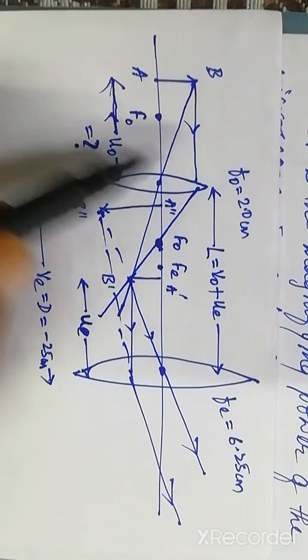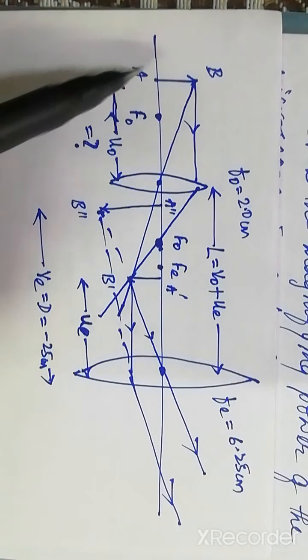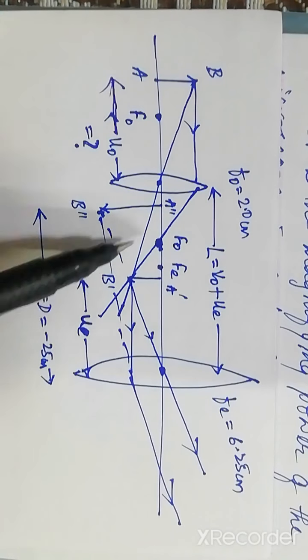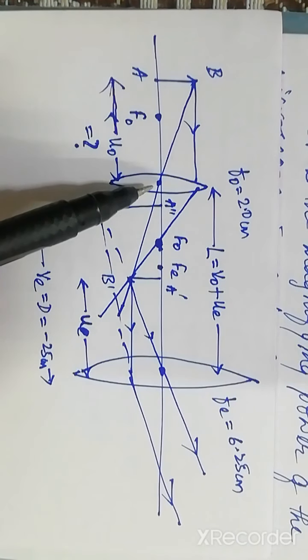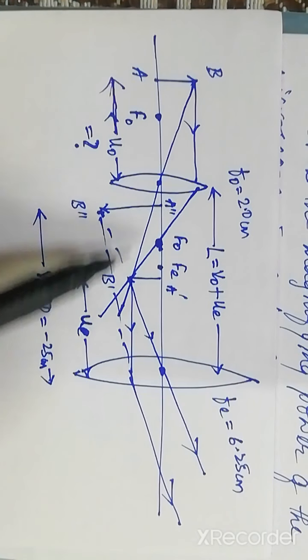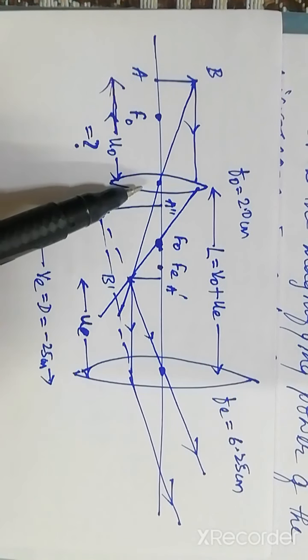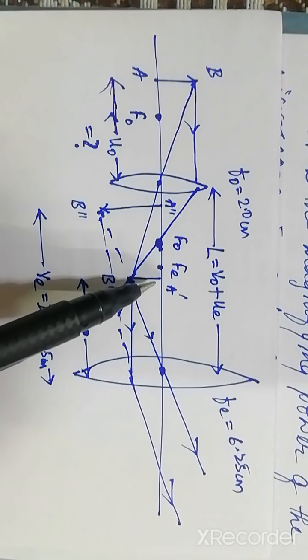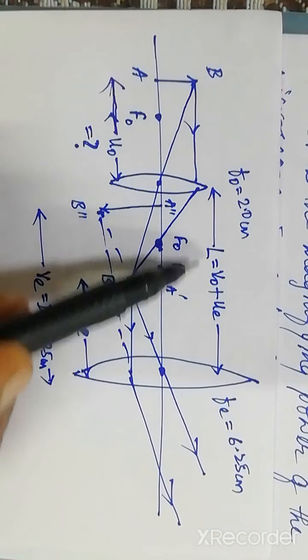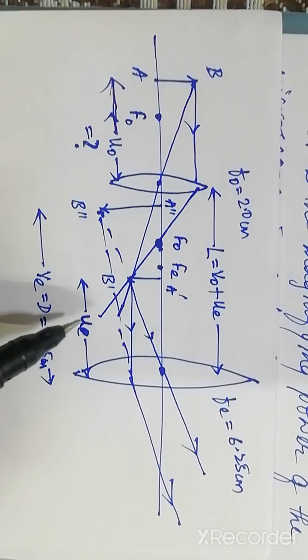Object AB is the object is to be placed in front of the objective. Length of the microscope. VO is a image distance for the image formed due to objective lens. This is VO, whereas this is UE. VO plus UE is the length of the microscope, that is given 15 centimeter.